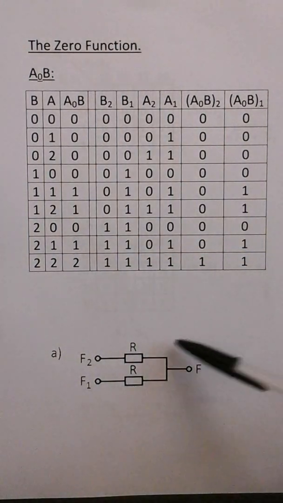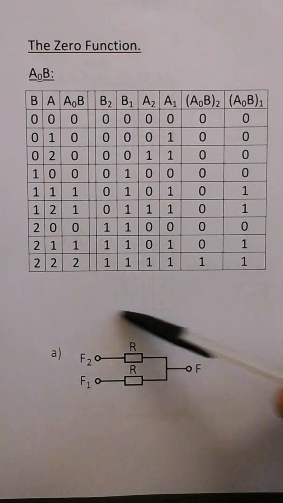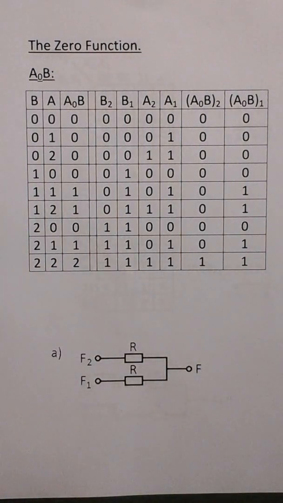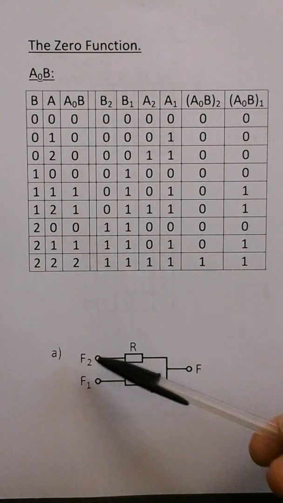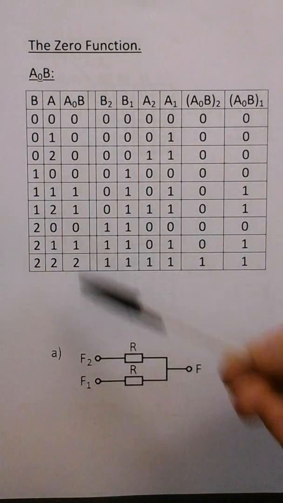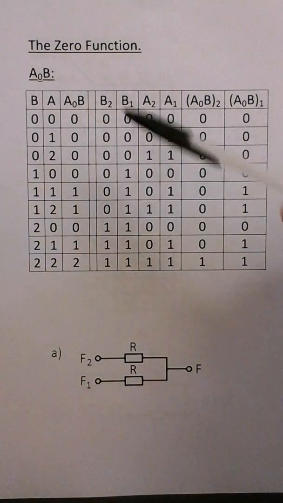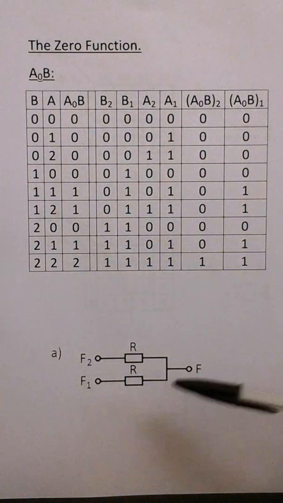So here I'm using output resistor network A, which is shown in my 5th video, binary implemented ternary logic circuits. So if F2 is a 1, that is a 2, F will be a 2.